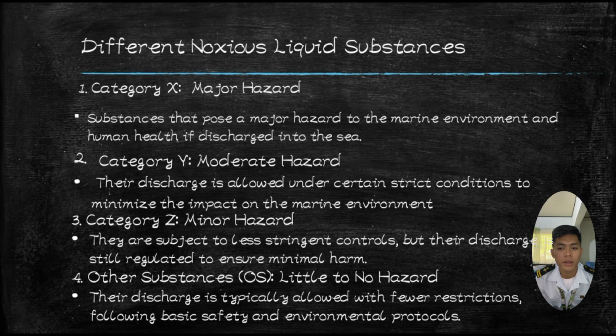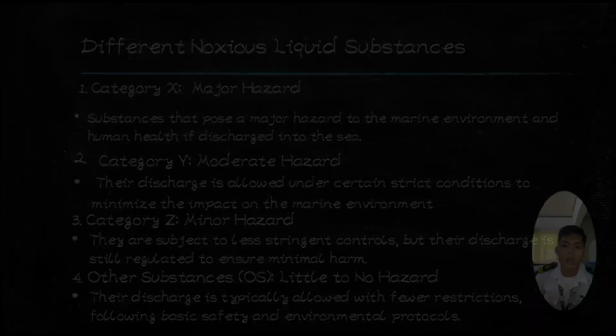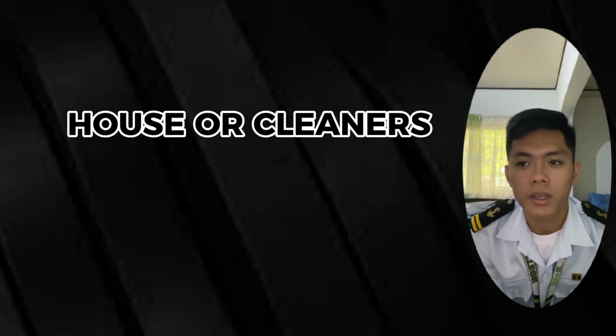Category Z, minor hazard, refers to situations or substances that present a low risk of harm. While precautions are still advisable, the potential for serious injury or damage is minimal. Examples. Number 1. Household cleaners.